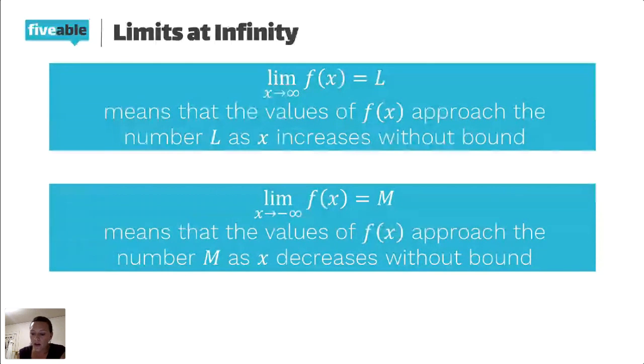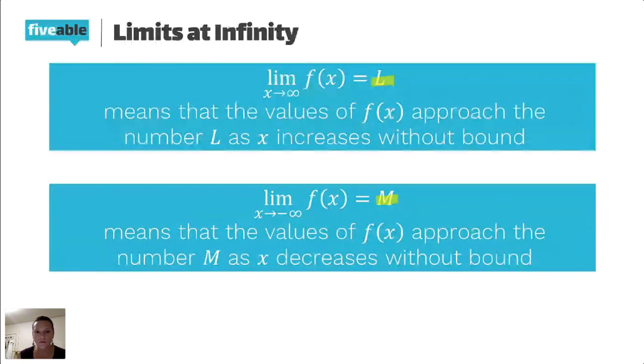But what's important here is to notice that I made these equal different numbers. The significance here we're going to talk about in more detail in just a minute. But some functions are not going to behave the same at positive infinity as they are at negative infinity. So it's important to make that distinction here, and it's going to come up in just a slide or two, and it's going to be really important to us.